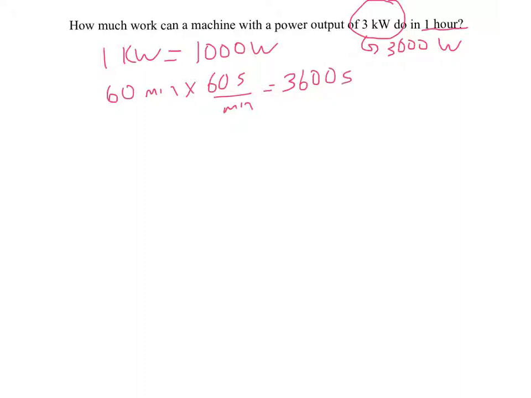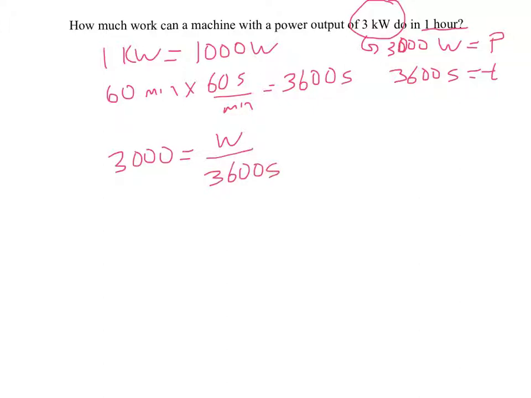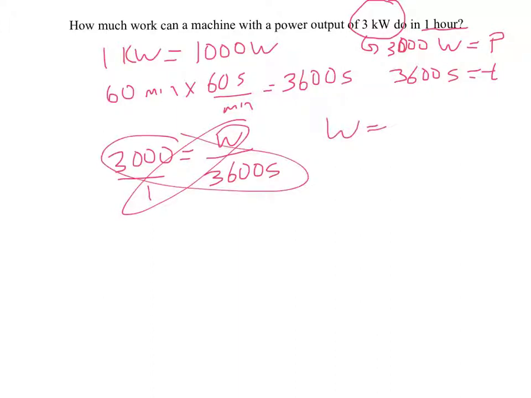So we've got 3,000 watts, we've got 3,600 seconds, and we'll label those as power and time. Then we can plug into our power equation. 3,000 equals, we don't know the work, but we know the time is 3,600 seconds. Now we can solve for the work. So cross multiply, work times 1 is work. 3,000 times 3,600 is a large number.